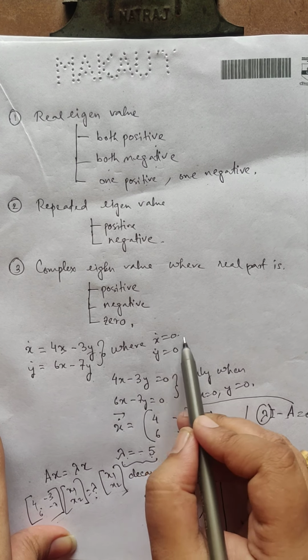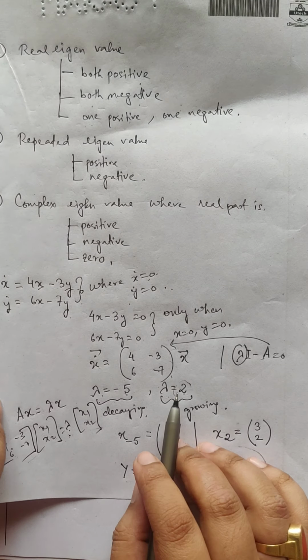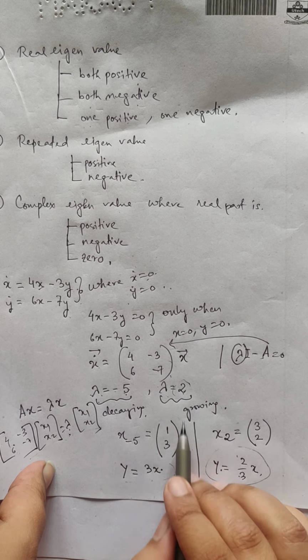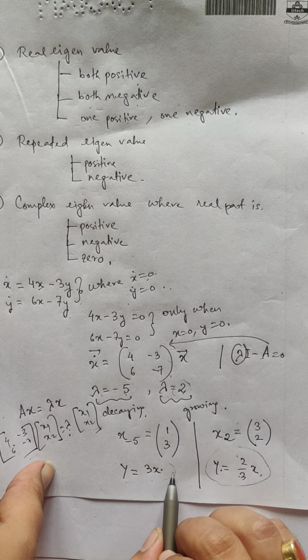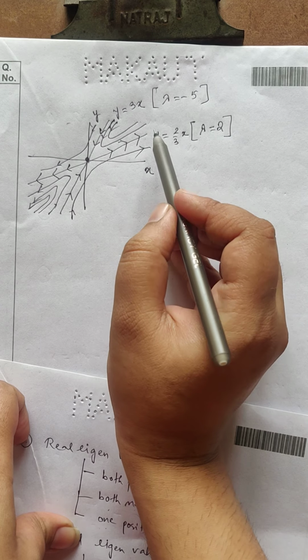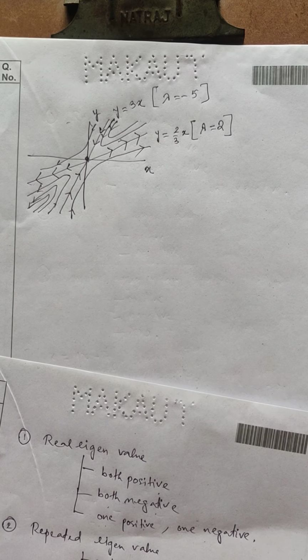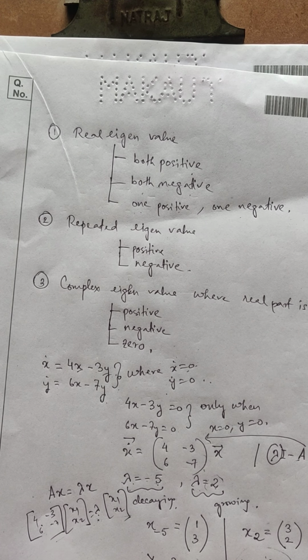I have considered x dot equal to 0, y dot equal to 0, and with the help of the same procedure, I have obtained my lambdas, and then the eigenvectors, and then these two straight line equations. Then I drew the phase trajectories, and then a family of trajectories to get a phase portrait. So this is how we have solved this equation.